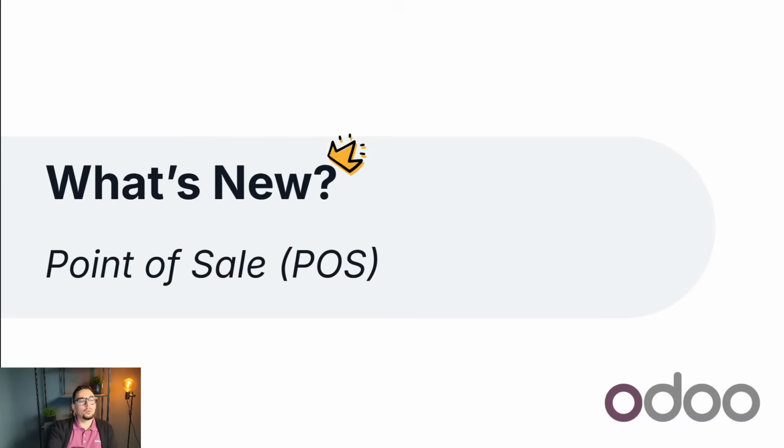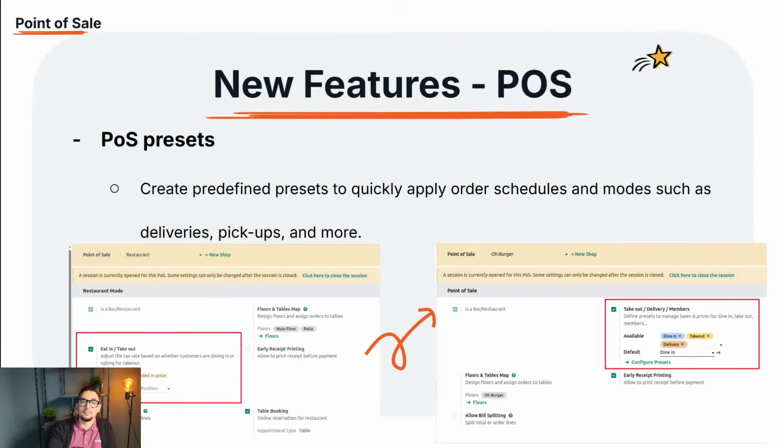So, what's new in the point of sale system? In the POS system, we can set presets, for example an eat-in preset or a take-out preset, and we can configure the differences between them. I can configure that whenever I choose eat-in, it has a certain tax rate, whether customers are dining in, and whether there's an option for takeout.